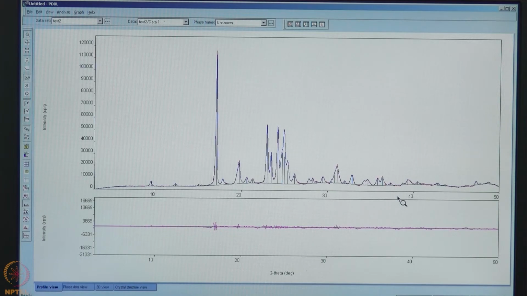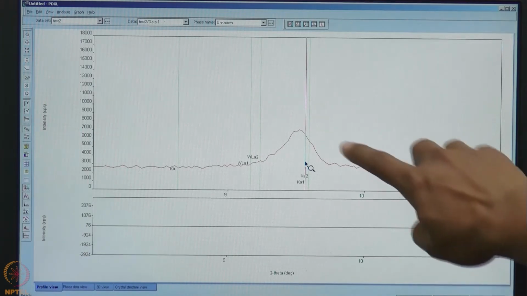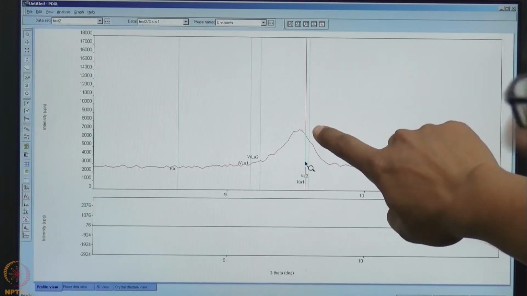Now what we have done is that we have removed the background, and what we are getting are the alpha 1 and alpha 2 peak positions that we can see. In this case, if we fix that particular point as alpha 1, then the green line which is coming next to it is the peak for K alpha 2.